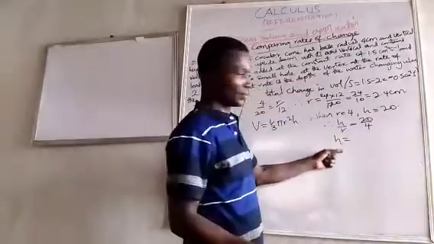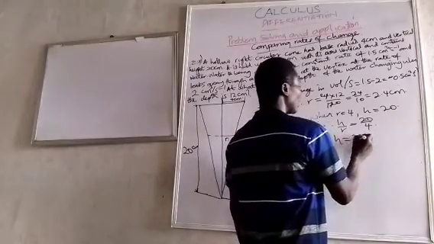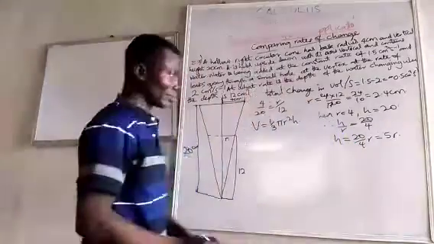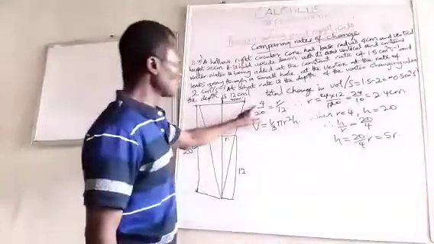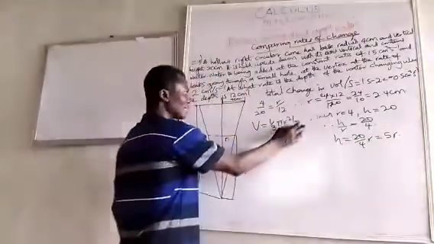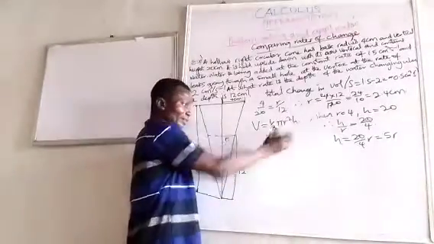So h is equal to 20 over 4 r, which is equal to 5r. You can see that now. So from this one, we are able to get the relationship between h and r. That's what I was trying to say, so that we don't need to start working out what will be the rate of change with r, and then start finding it again.